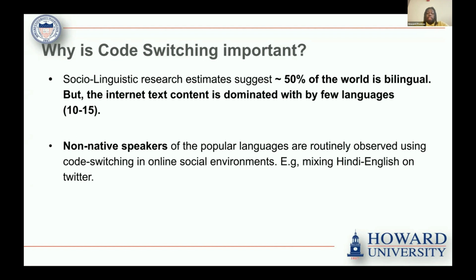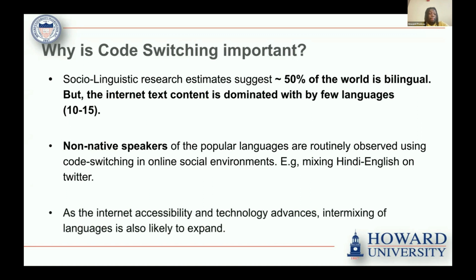For example, mixing Hindi and English on Twitter, and the same with Spanish and English on Twitter. As internet accessibility and technology advance, the intermixing of languages is also likely to expand, and with that will lead to a lot more mixes, maybe even between languages that aren't centered around English.